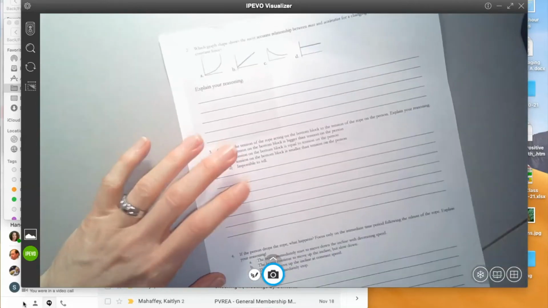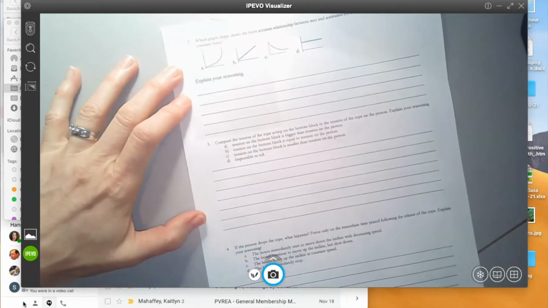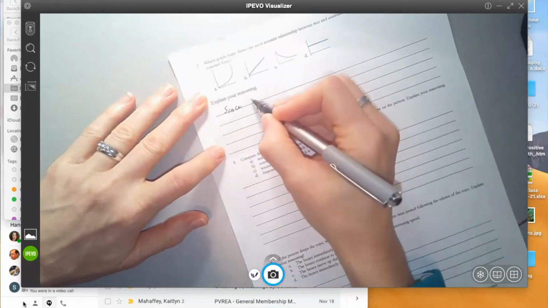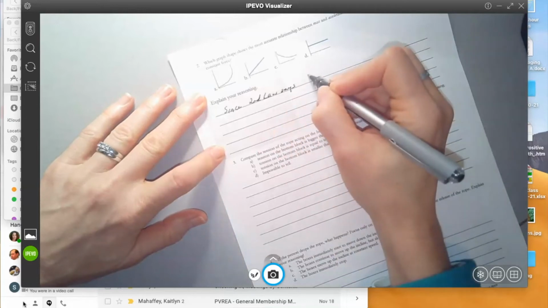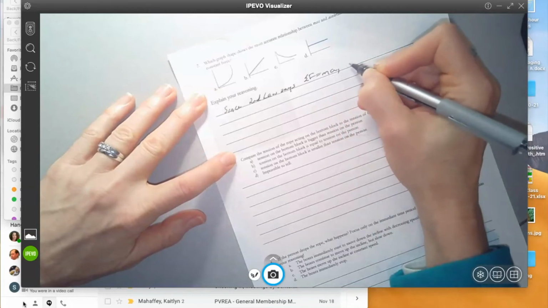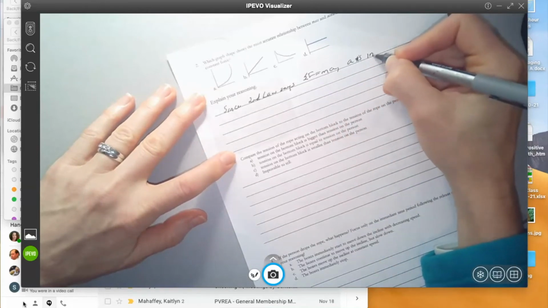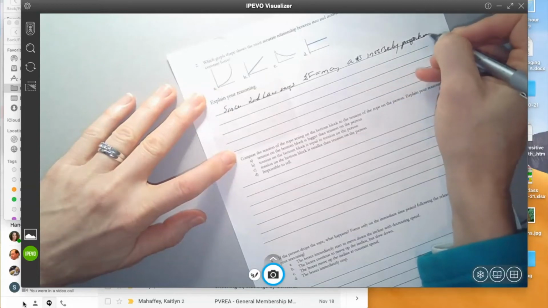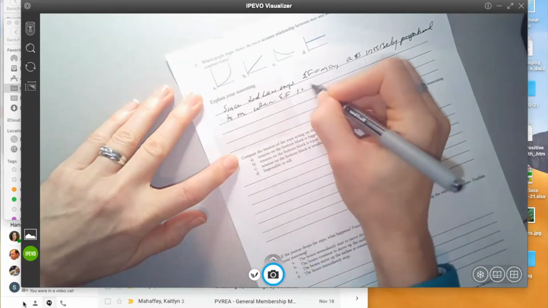Number 2, which graph shows the most accurate relationship between mass and acceleration for changing mass m undergoing a constant force? So since the second law says that net force equals mass times acceleration, acceleration is inversely proportional to mass when net force is constant.